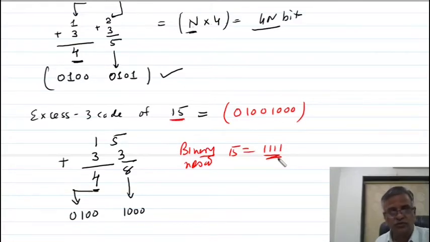Now I am showing you the XS3 code of single digit decimal numbers and their BCD in the following table.